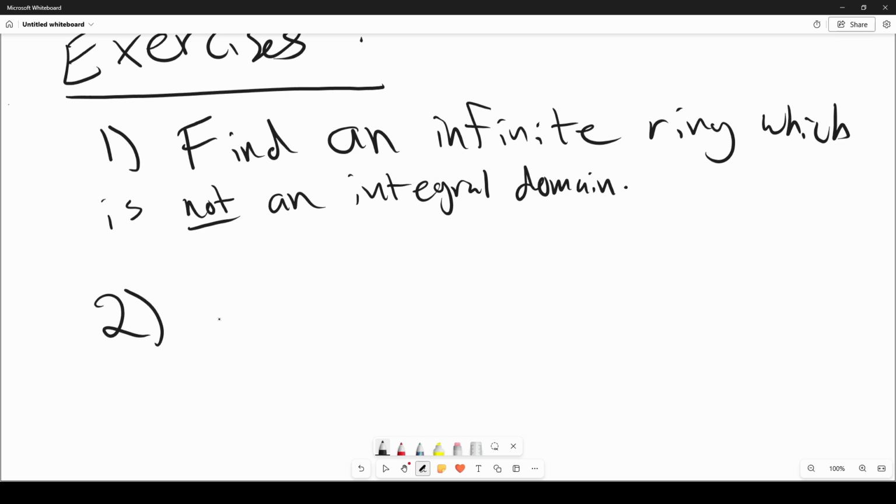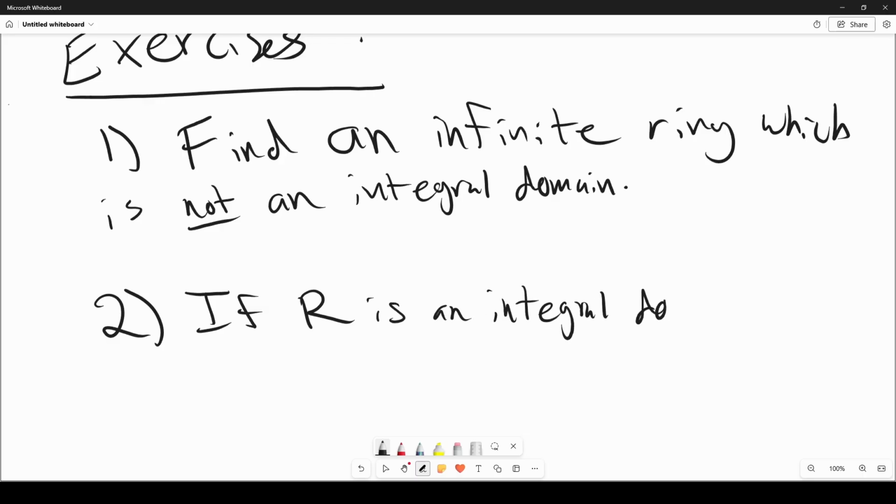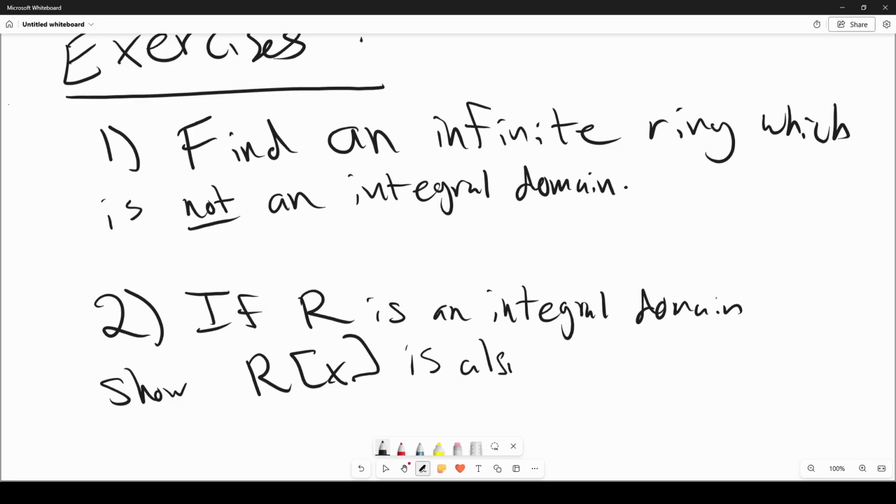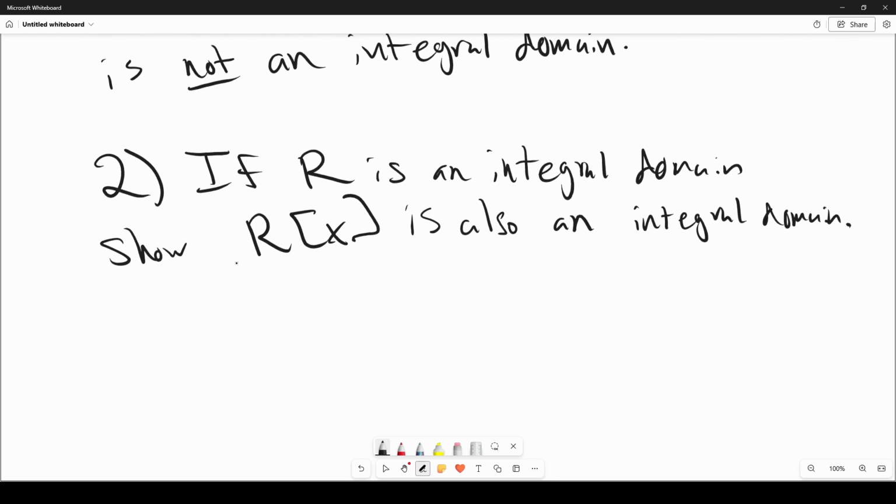Second exercise, if R is an integral domain, show that polynomials over my ring is also an integral domain. And all this object is just polynomials in X, where the coefficients are in R. And this is not necessarily the real numbers, it's just some ring.